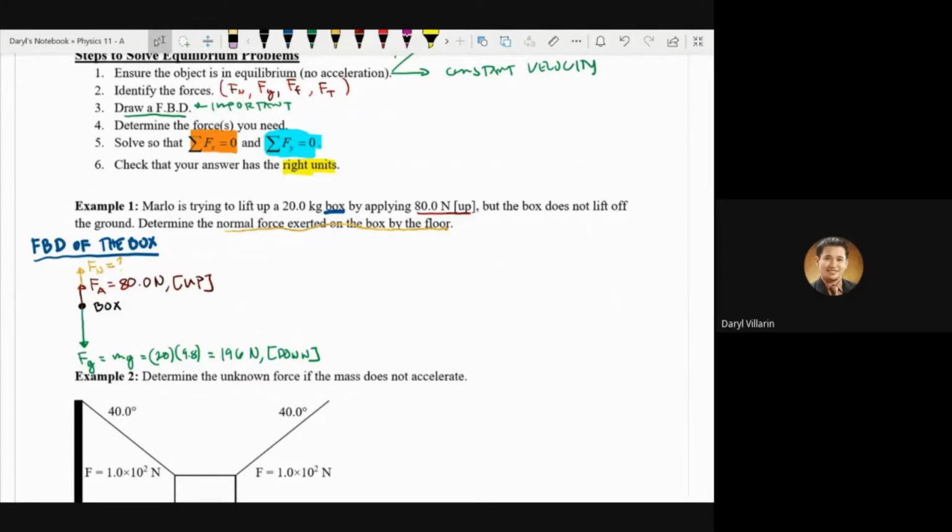Okay. Now, in the question here, we're given that the box does not lift off the ground. So what does that tell you about the state of motion of your object? What is the state of motion of your object? The object is what?